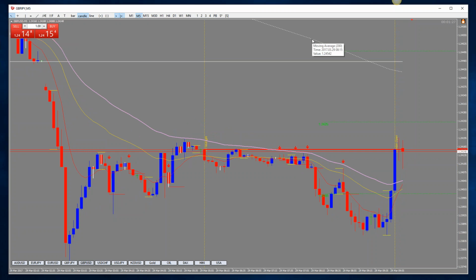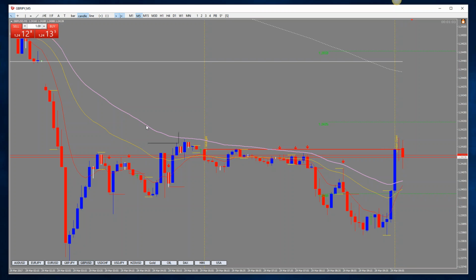So this is my 200 up here. All the moving averages that I use are EMAs. Basically, they're just showing me my trend, and all my trades need to be underneath. If I'm going short, all my trades need to be underneath the 200 EMA.